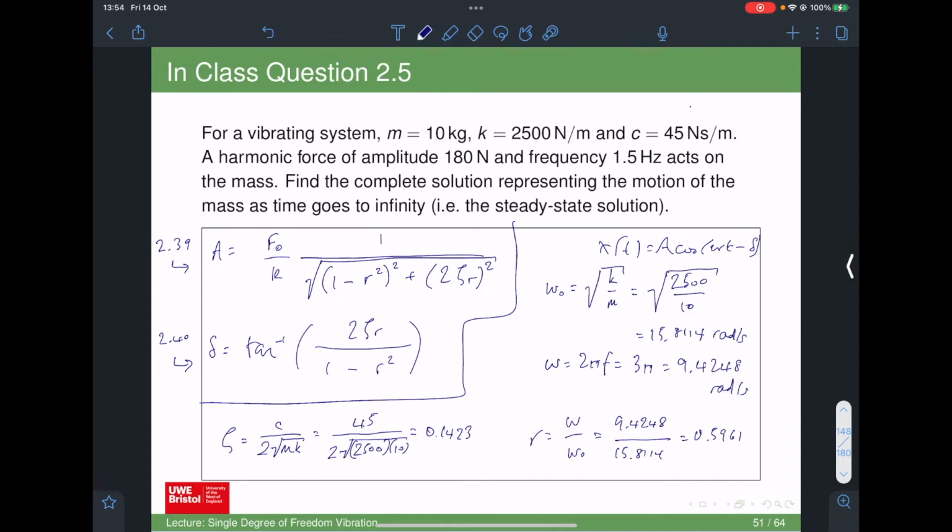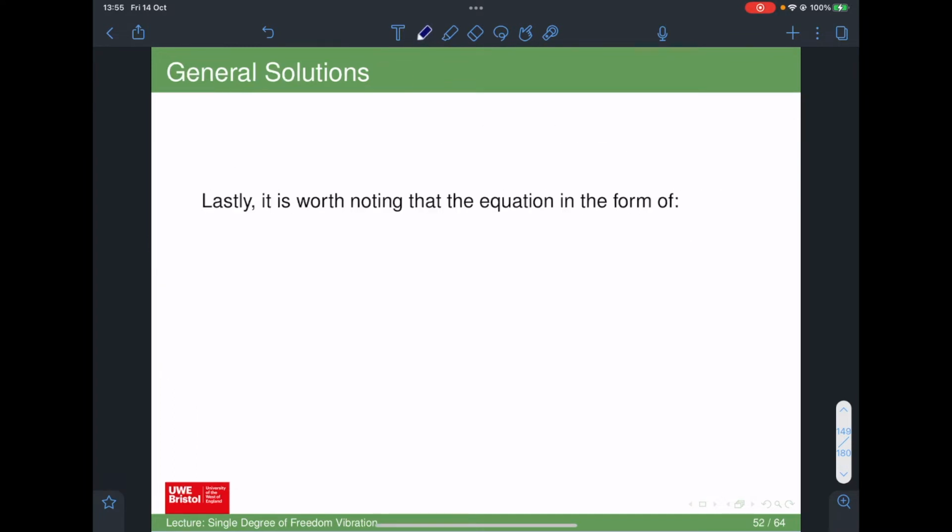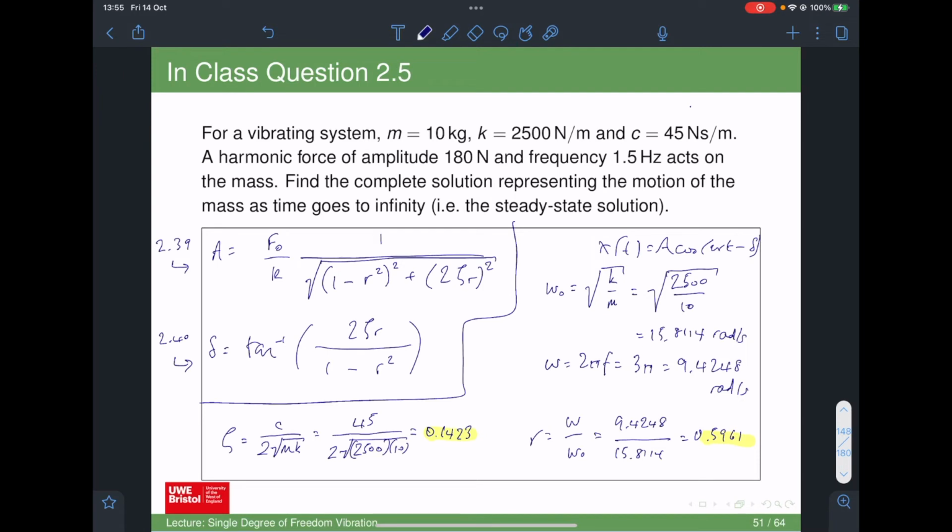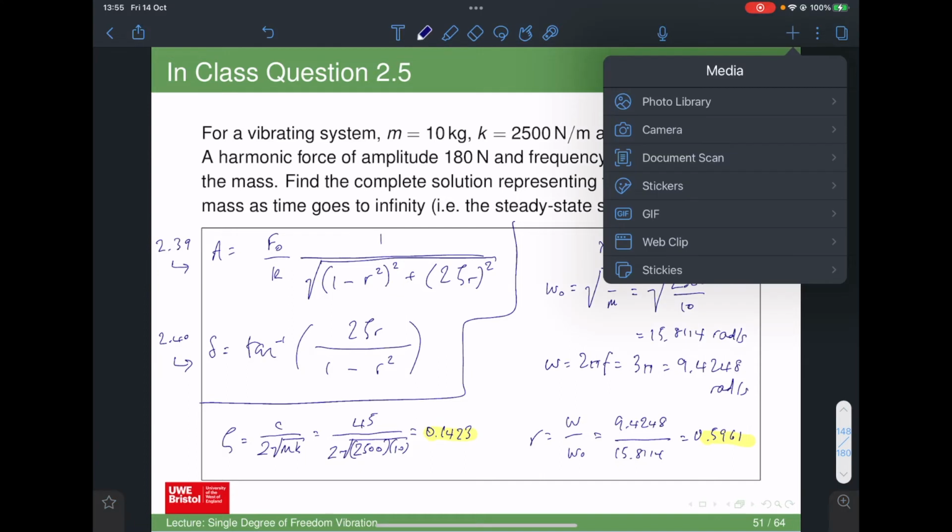Okay, so those are my values that I need. R, zeta. Okay, so if I remember them. Probably the new page.